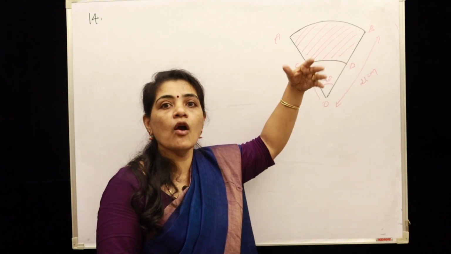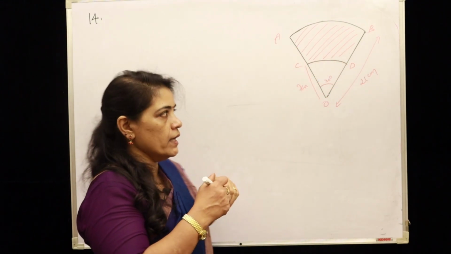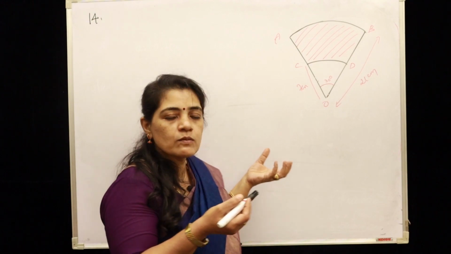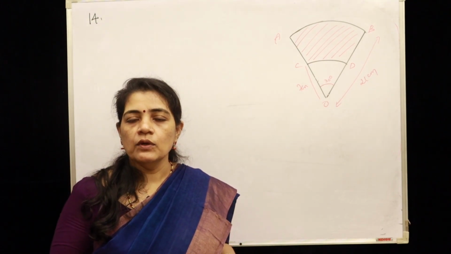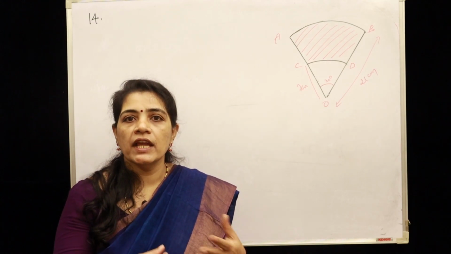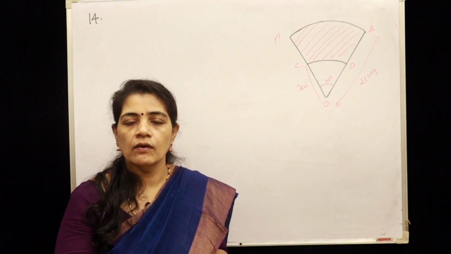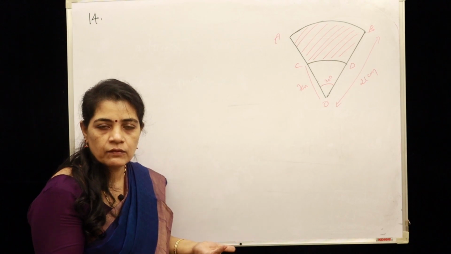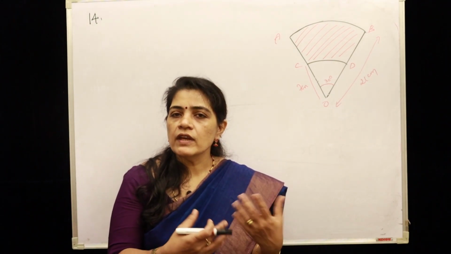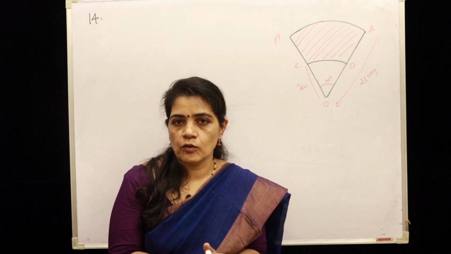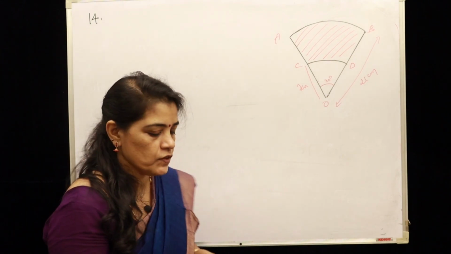So the area of the big sector AOB minus the area of the small sector COD will give you the area of the shaded region. Because we know the direct formula for the sector, we can easily apply it to get the area of the shaded region.